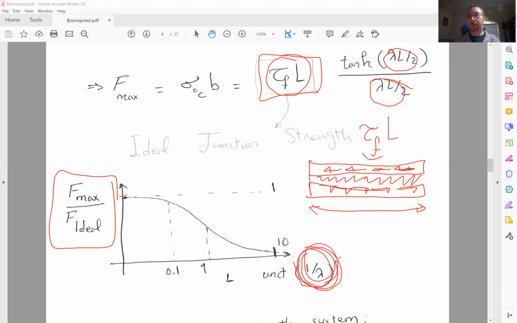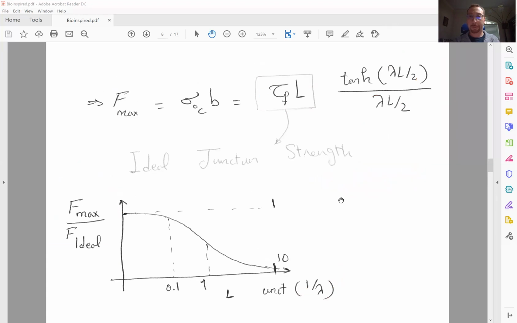However, I also want you to keep in mind that although sigma f max over f ideal goes down, in principle, the value of F max always goes up with L, although when L is very, very large, the incremental increase in F max by increasing the length L is going to be very minimal.